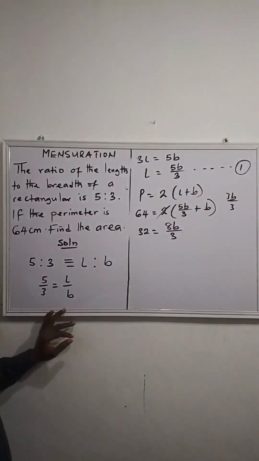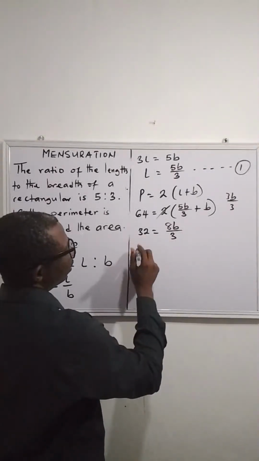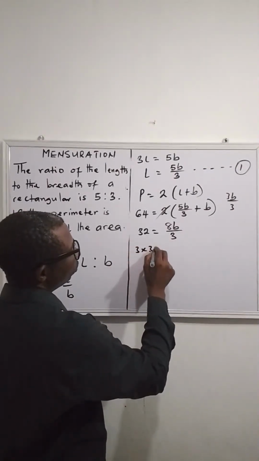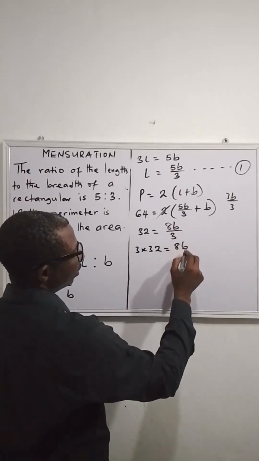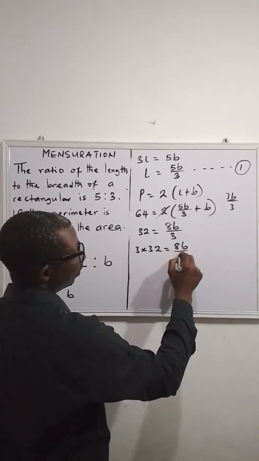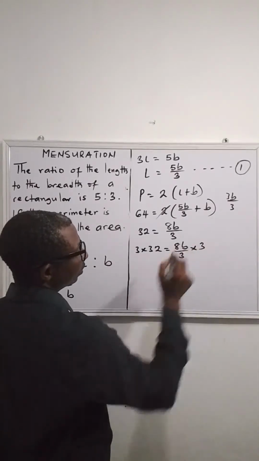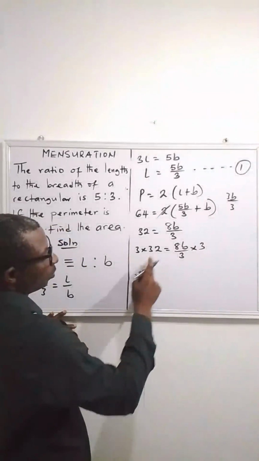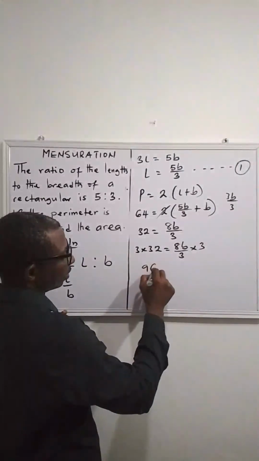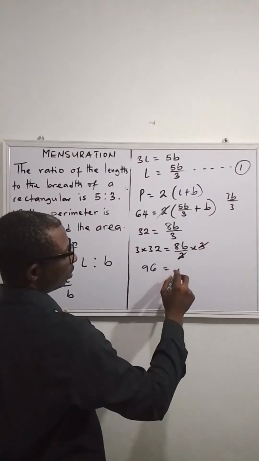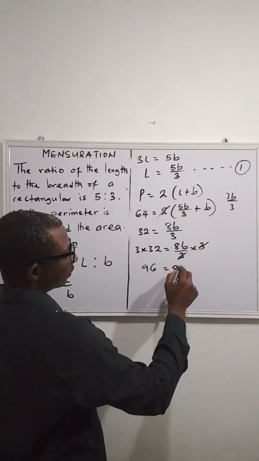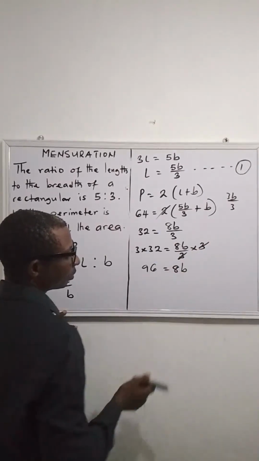So what do we do next? We multiply both sides by 3. So 3 times 32 equals 8B over 3 times 3. When you use this, we have 96 equals, now this we cancel, we have 8B.